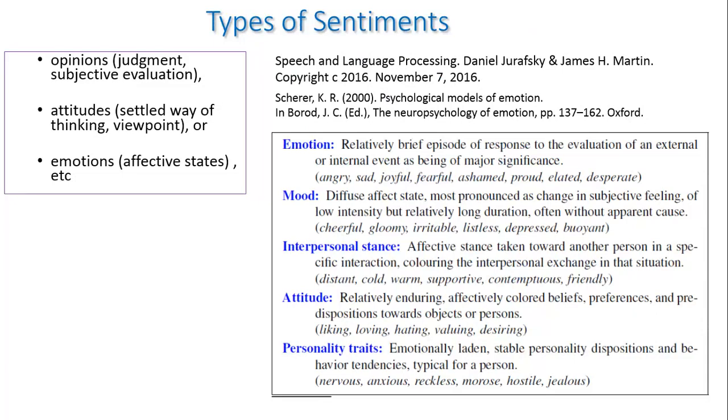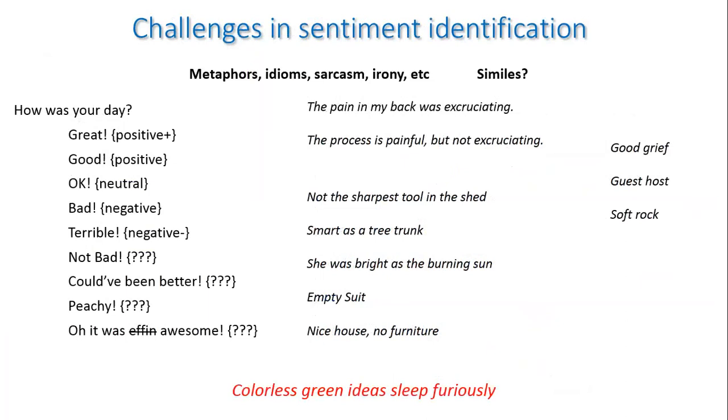I just think it's not feasible. So we will stick to the list of 3 sentiments listed on the left side. So that's the types of sentiments that we will be dealing with, and what are the challenges in sentiment identification.